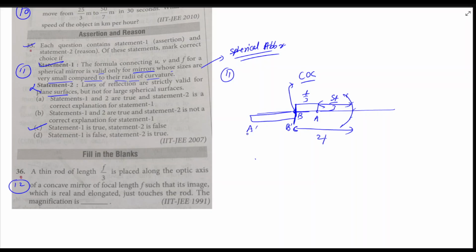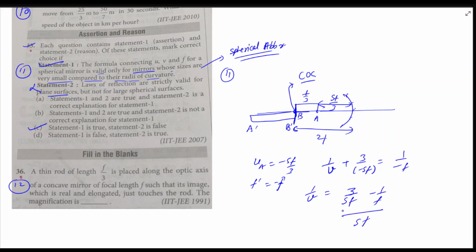So let's find A dash. We have U_A is minus 5f by 3. Focus is minus f, of course, right? So let's just use the formula. 1 by V plus 3 by minus 5f equals 1 by minus f. So 1 by V will be equal to 3 by 5f minus 1 by f.